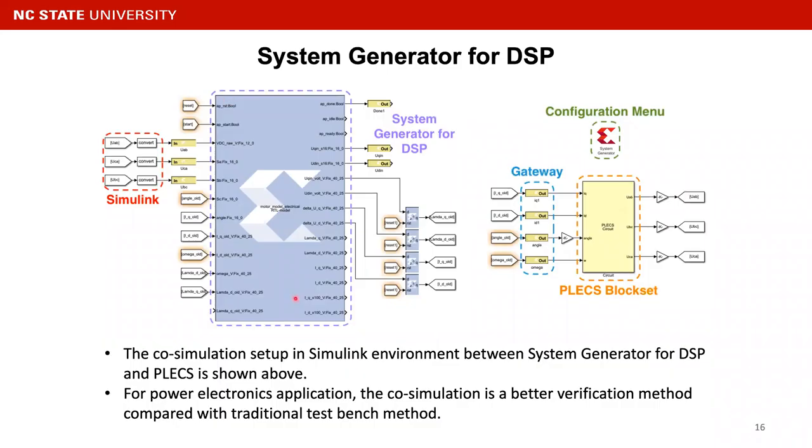To export that to the Vivado environment for the system synthesis, we can double click this configuration menu, and it will show you the export options so that you can package all this design into an IP core, and then you can directly use this IP core in the Xilinx Vivado software so that you can add that into your design.